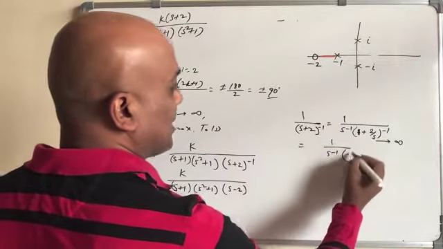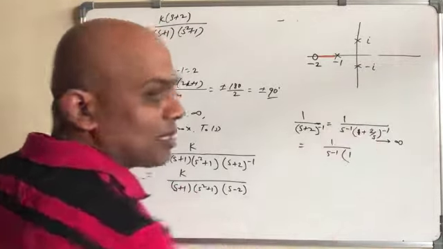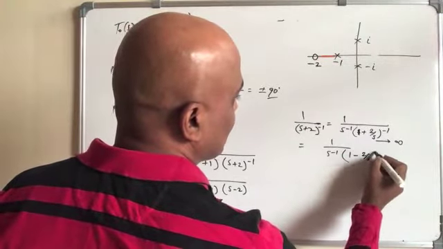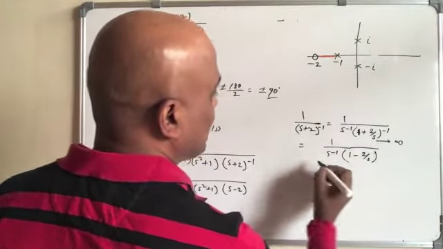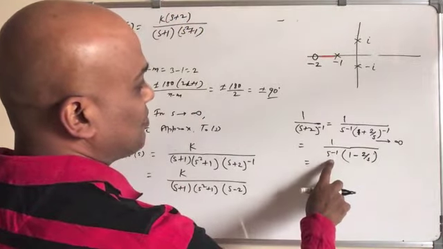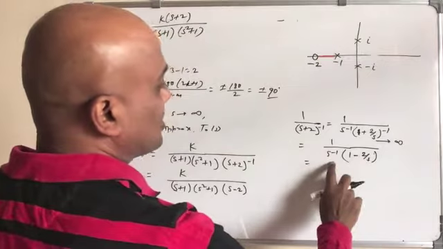We can also do the Taylor series, for example, and we can get minus 2 over s, basically we get like this.